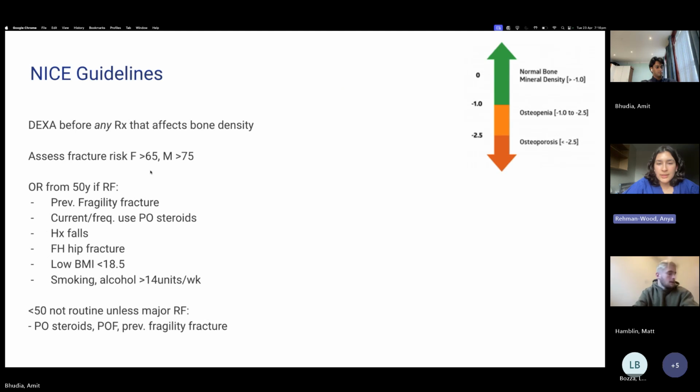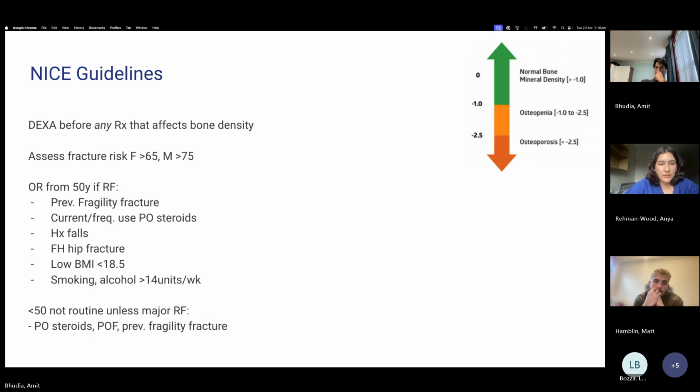This is just a bit more about DEXA scanning, and you need to make sure you know the difference between osteopenia and osteoporosis in terms of the T-score, which essentially is just comparing the bone density to that of a healthy young person and how many standard deviations away that patient is.